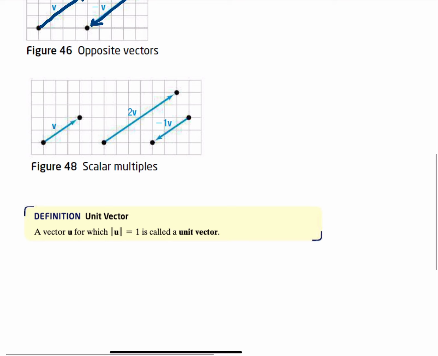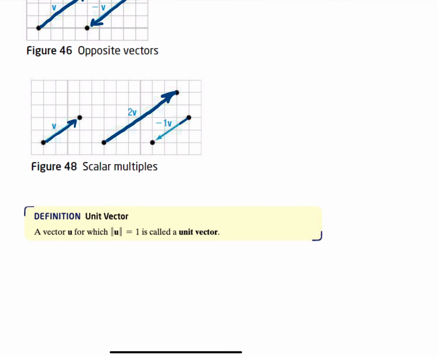And then we can also scale vectors. We can make them larger or smaller by multiplying some constant number, which in this context we'll call a scalar. So just some number that can scale a vector, make it larger or smaller. So we have our vector v here. So 2v, if we multiply it by 2, it will double the magnitude.